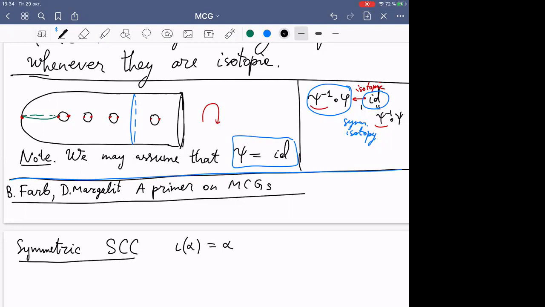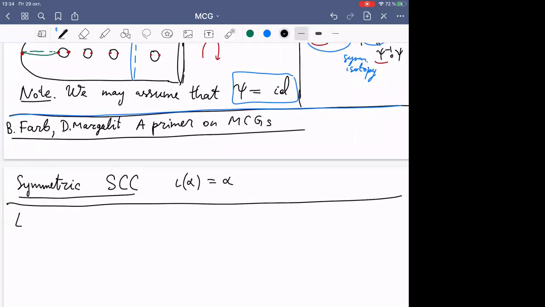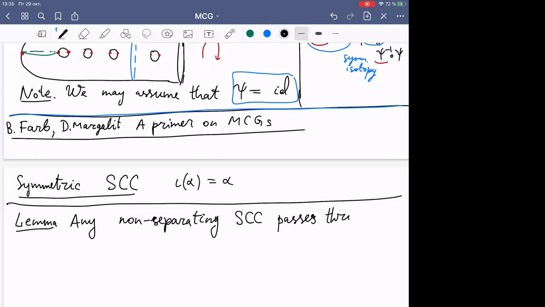And actually, an easy lemma is that any non-separating simple closed curve passes through exactly two fixed points.